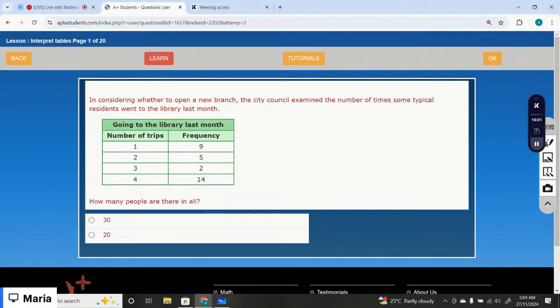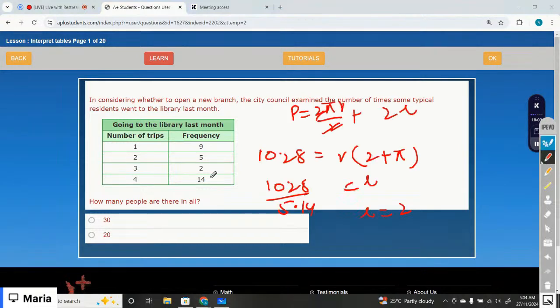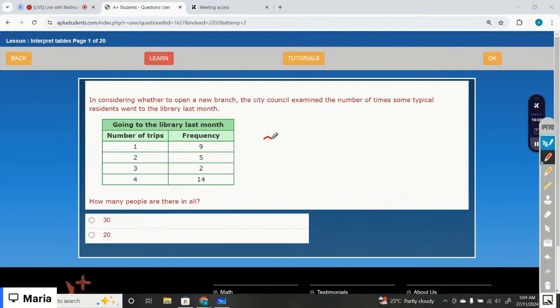So you need to calculate the total people. So you need to calculate all the frequency values, right? They are 9 plus 5 plus 2 plus 14. So which is the correct option?